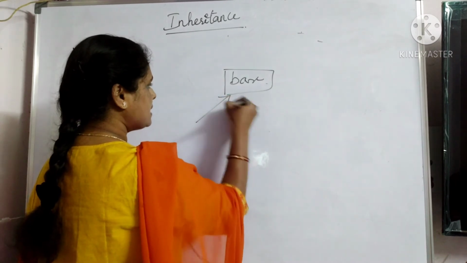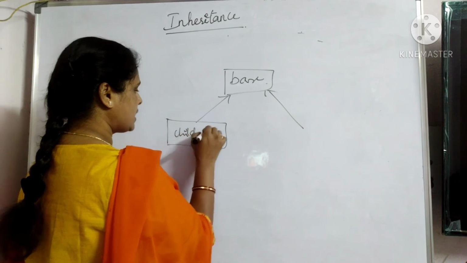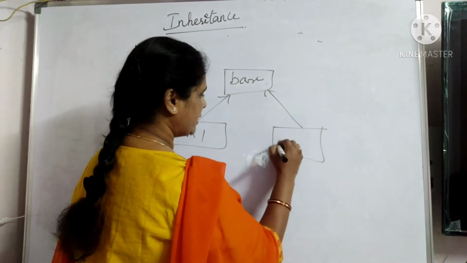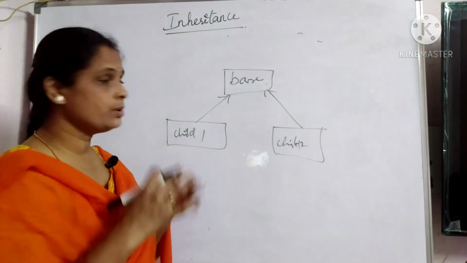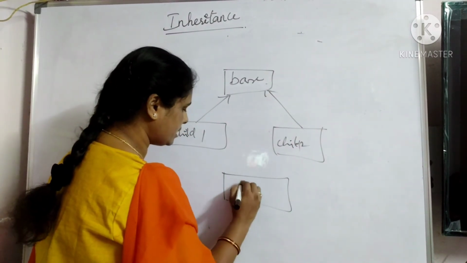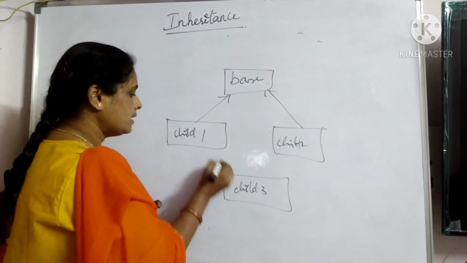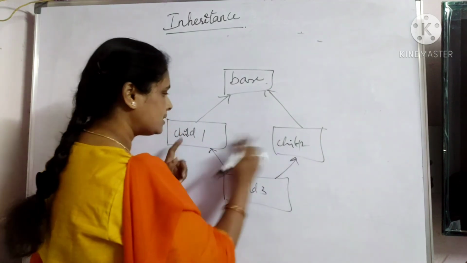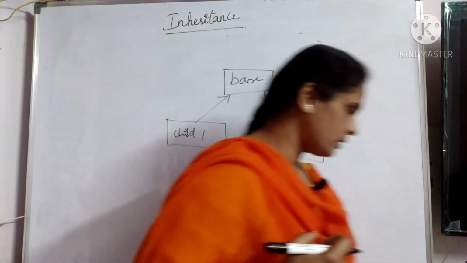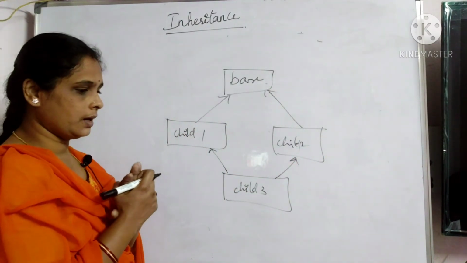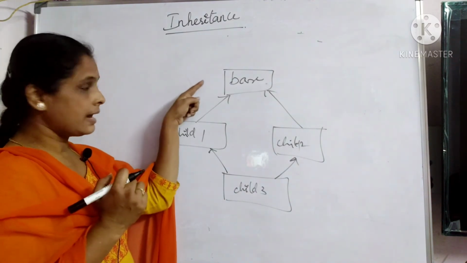From this base class, I have two children, child 1 and child 2. I have one more class, child 3. Now, child 3 is inherited from these two parent classes.